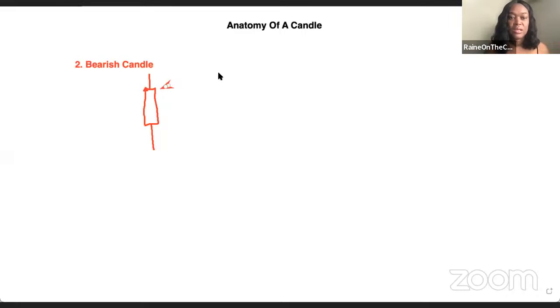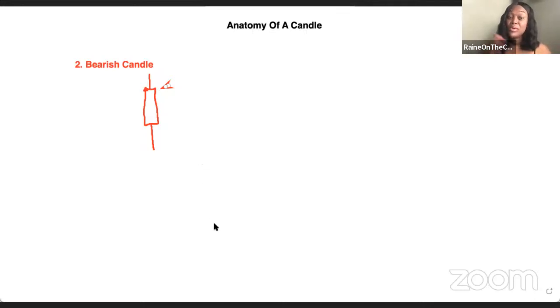All right. So this is where the price starts. The candle starts to form at the top of the body. So make sure you understand that it's not the top of the wick, it's the top of the body of the candle for a bearish candle.